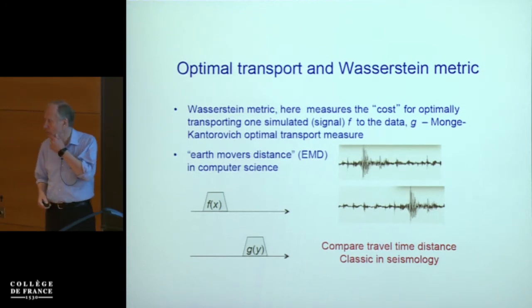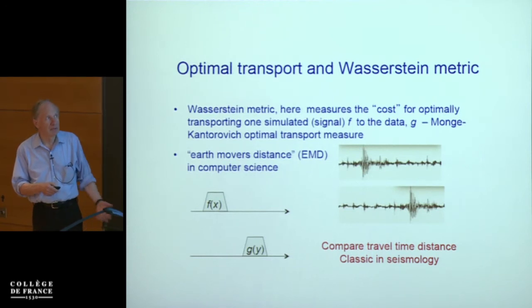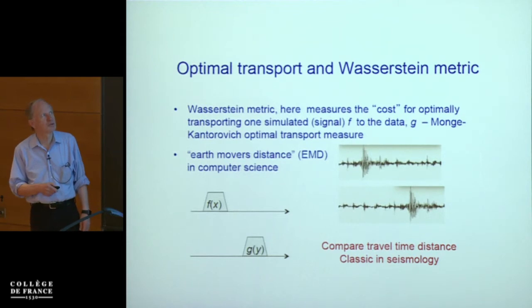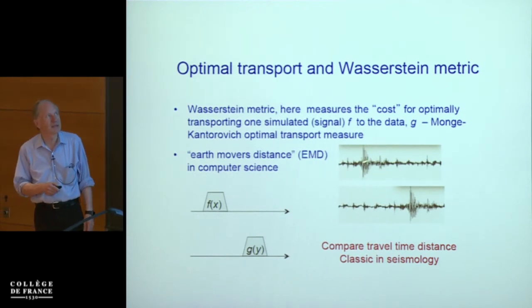Why I looked at optimal transport here was that I did my postdoc in a geophysics setting, and it was obvious that L2 comparison of signals, at least if you do global seismology, doesn't make sense.